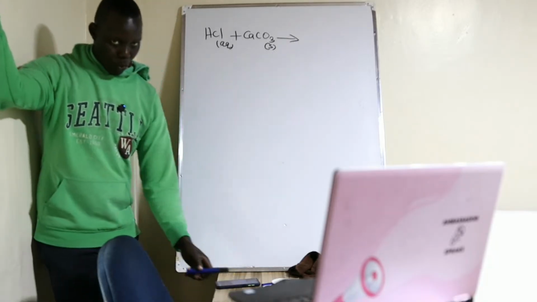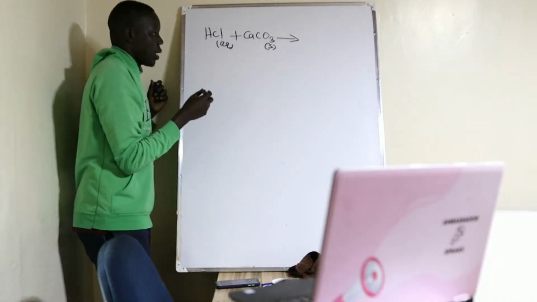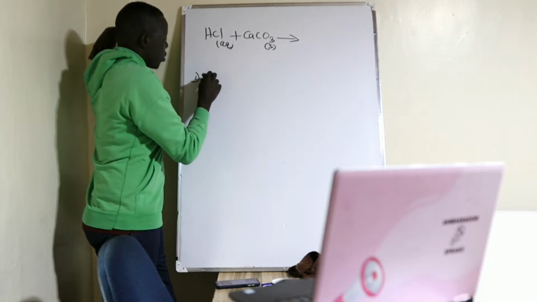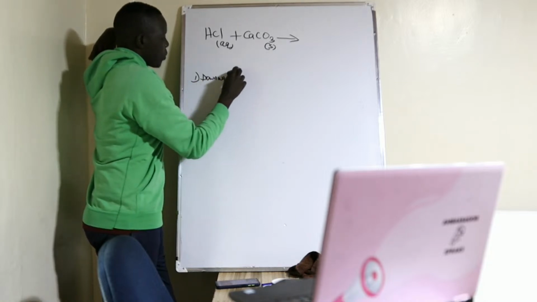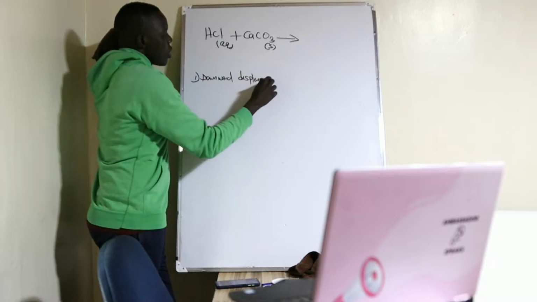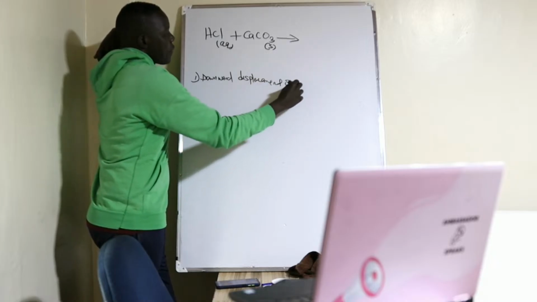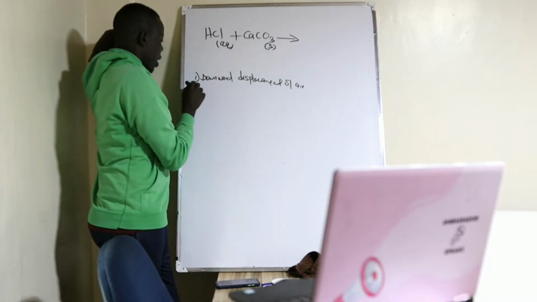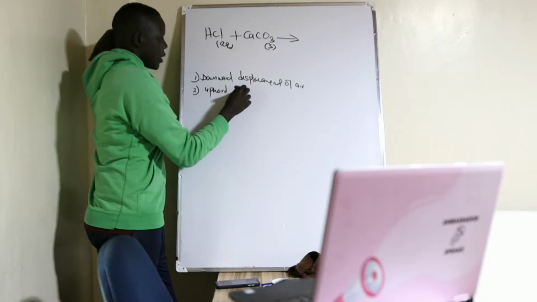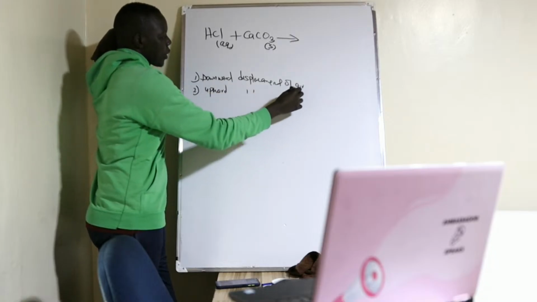How many methods of gas collection do we have? We have downward displacement of air. We have upward displacement of air.